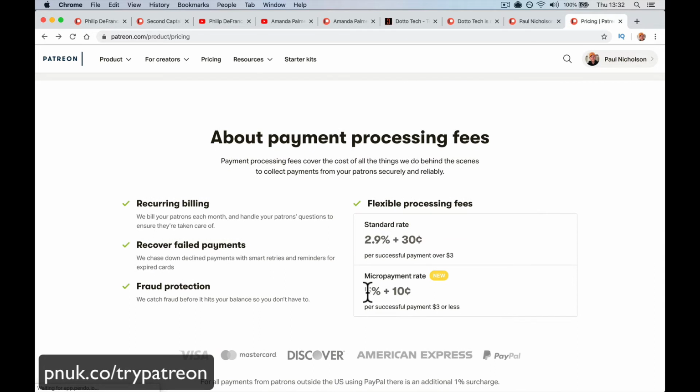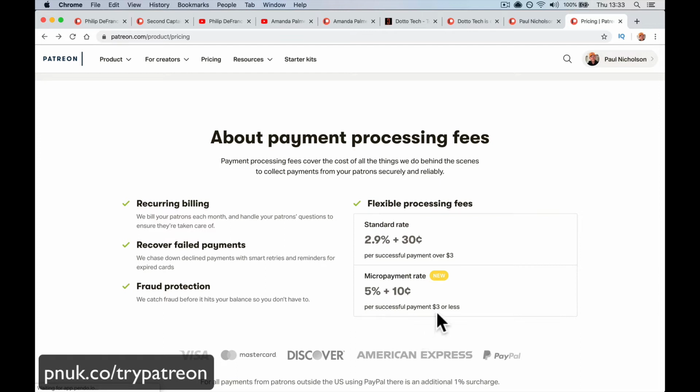If the fee is less than $3, you're going to be paying 5% on your monthly income, plus a 5% transaction fee and 10 cents on top. So you're going to pay 10% of the transaction plus 10 cents. If you've got a reward for $3, 10% of that is 30 cents plus 10 cents on every fee.